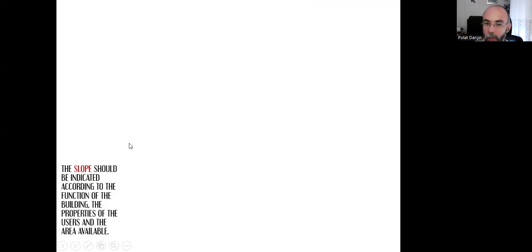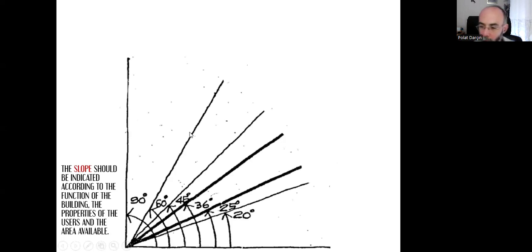The slope should be determined according to the function of the building, the properties of the users, and the area available. In order to make a proper decision for the slope or pitch of the stairs, we need to keep in mind the building function, the properties of our users, and the space which is available for the stairs, because it will occupy a space.